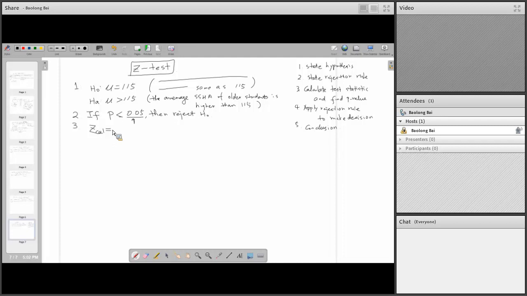Let's use z cal here to represent this calculated z, so it's differentiated from the variable z in the z table. Then this will be x bar minus mu divided by sigma over square root of n, if you copy down the formula. Then we need to put in each piece of information here to calculate this, right? So we need x bar, mu, sigma, and n. Then let's go back to the question.